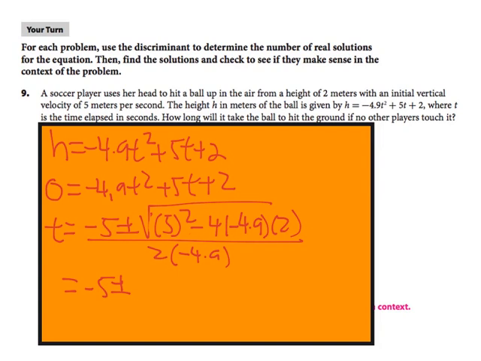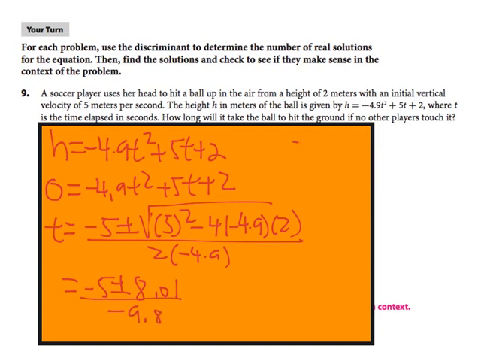So 25 plus 39.2, so this gives us 8.01 over negative 9.8.